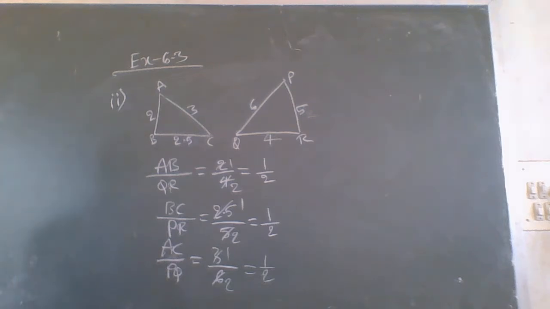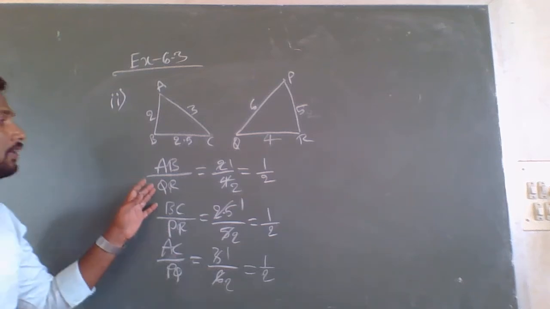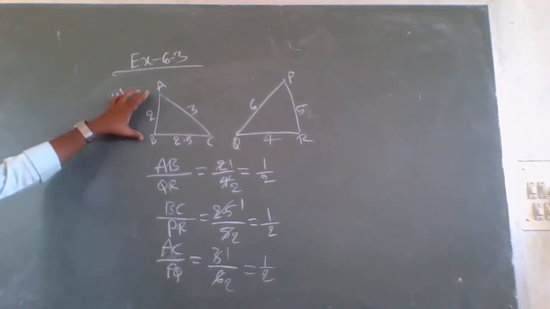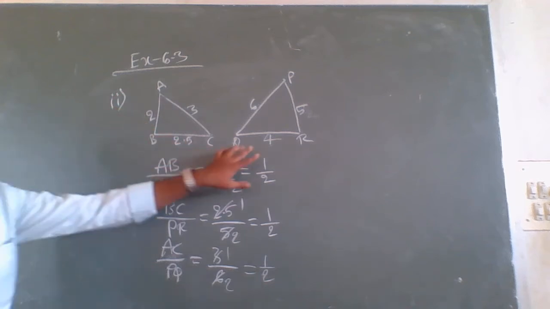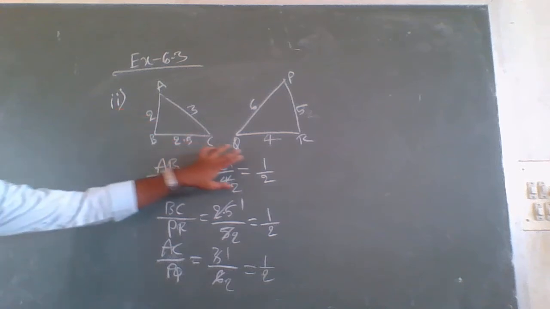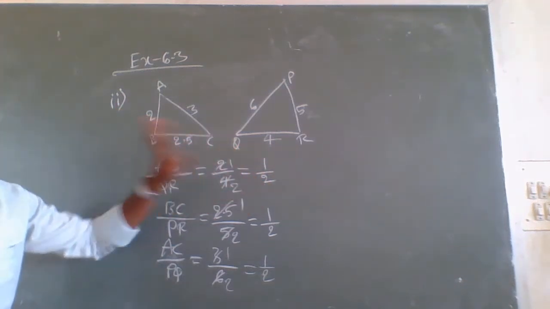So here I will consider the sides of the triangles in such a way that I check whether I get the same proportional value or not. In such a way I will consider all the sides. So here AB is of 2 centimeters, QR is of 4 centimeters. First I will consider AB by QR, 2 by 4 means 1 by 2.